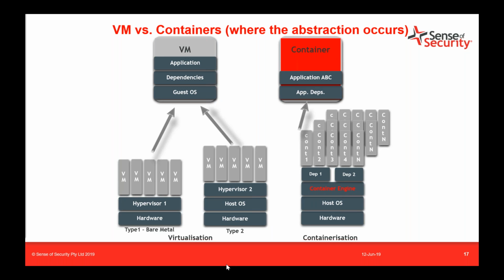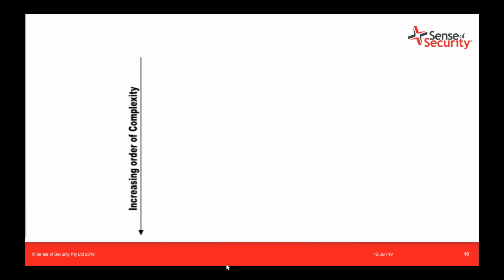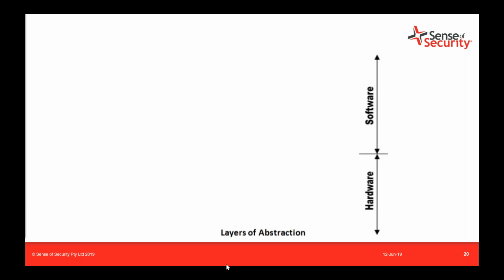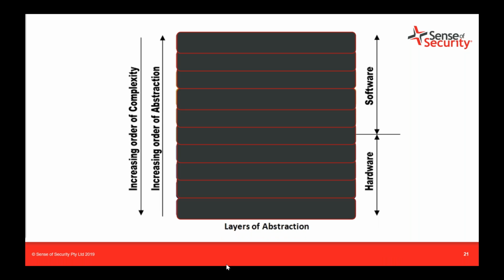Now, the reason why this is important is because if we look at the following graph, we can see that as you move towards the bottom of the stack, you have an increasing order of complexity. Whereas if you move to the top of the stack, you've got an increasing order of abstraction. Now, there is obviously a point at which hardware and software intersect. If we look at our little rainbow graph over here, and we reveal it as we move up the stack, we'll see where the application sits.